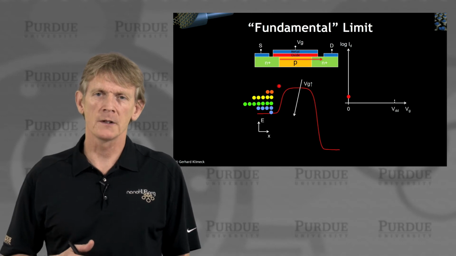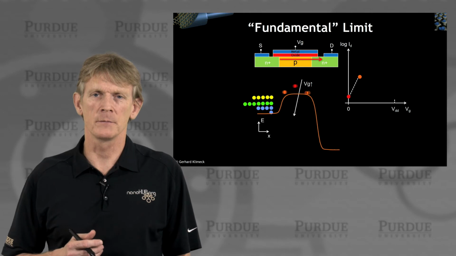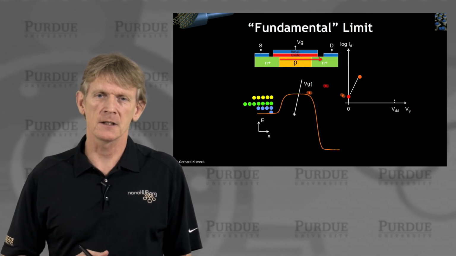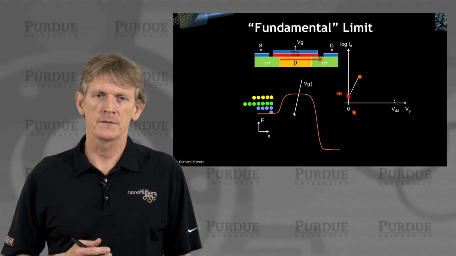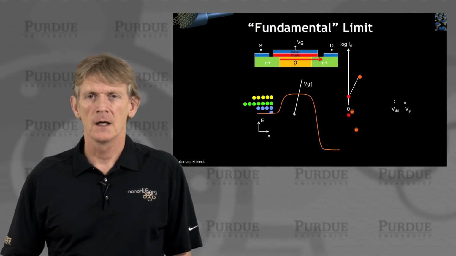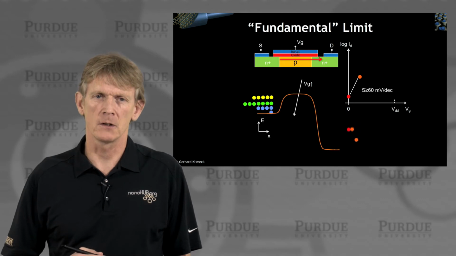Now, you will now understand as I increase the gate voltage, I lower the barrier a little bit, and I expose more electrons that are sitting in the source and that are sitting in the Fermi tail of a density of states, and your transistor turns on. And it turns on at best at a slope of 60 millivolt per decade. Okay?